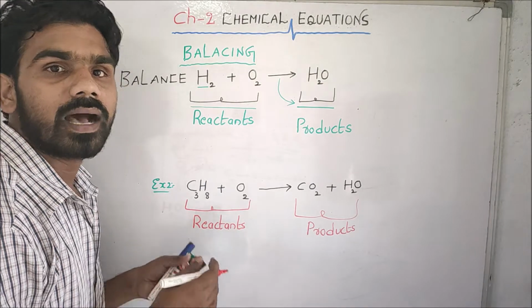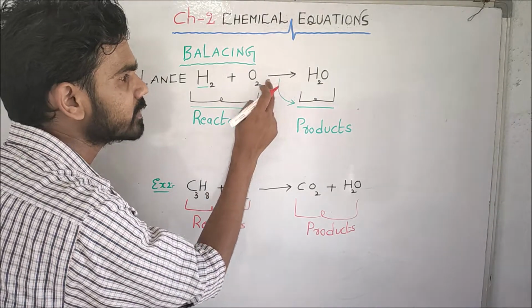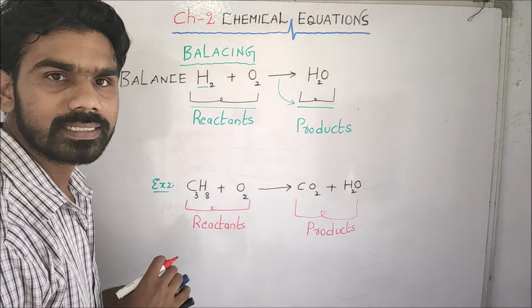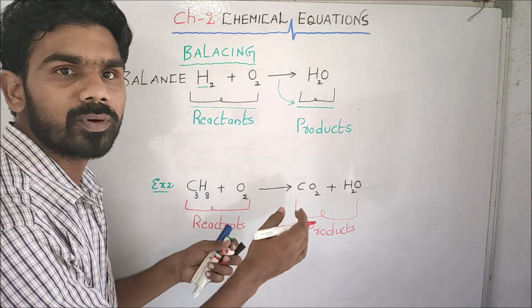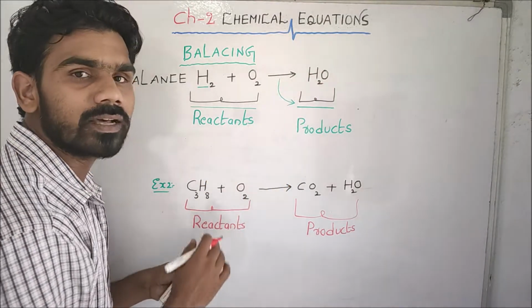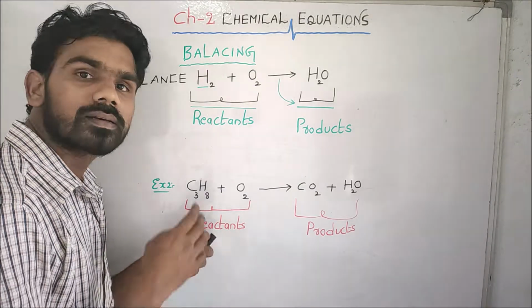So the elements or compounds or terms which are present on the left side of the arrow are called reactants. The ones which are present on the right side of the arrow are called products.